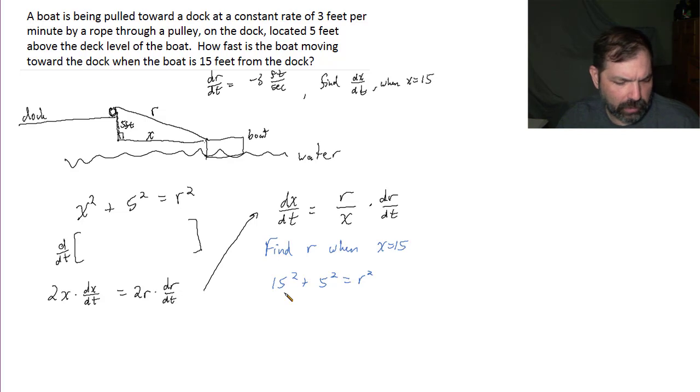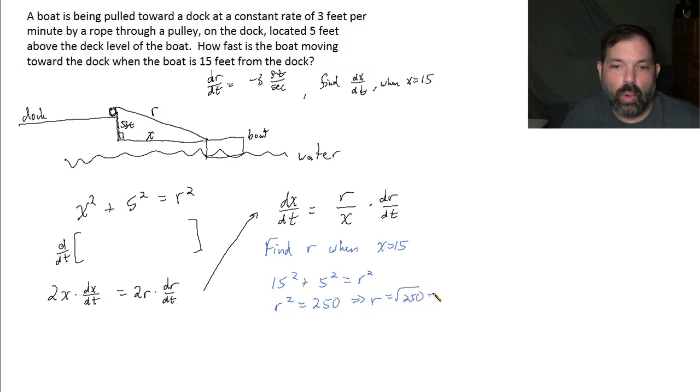Let's see, 15 squared plus 5 squared, that's 250. So r squared is 250. That's 25 times 10, so r is the square root of 250, or 5 times the square root of 10, if we want to simplify that. And r would be in feet.